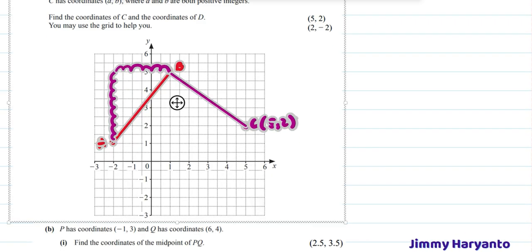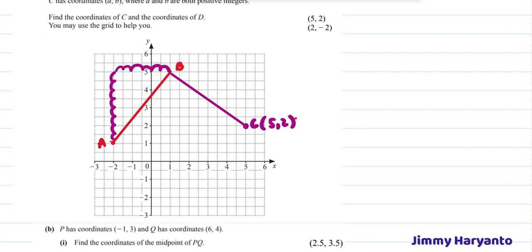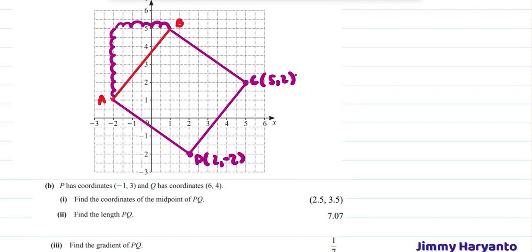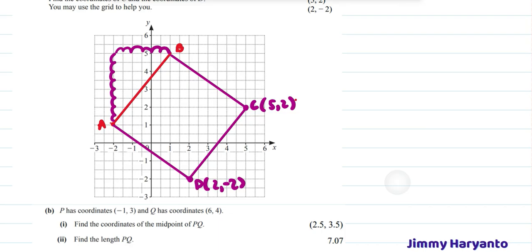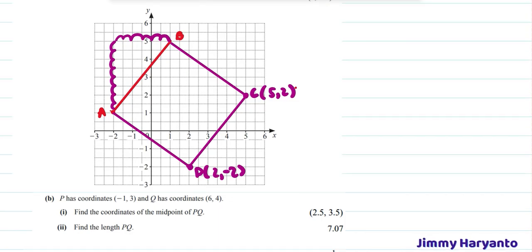And then for that one also the same. So you'll do it like 1, 2, 3, 4, 5, 6, 7, 8, and then 1, 2, 3, 4, 5, 6 right there. Okay, so this is point D, which is 2, -2. And then P has a coordinate of -1, 3, midpoint.